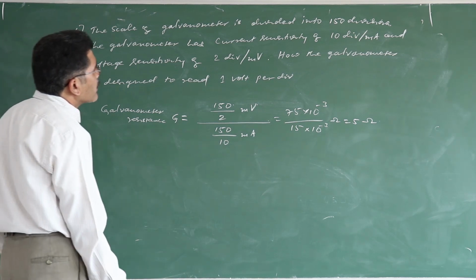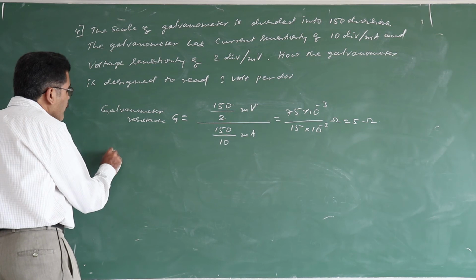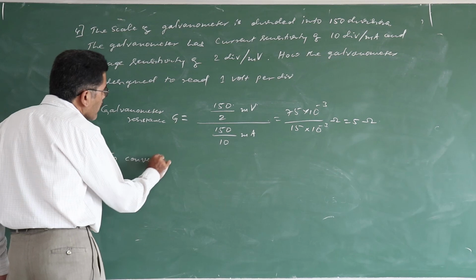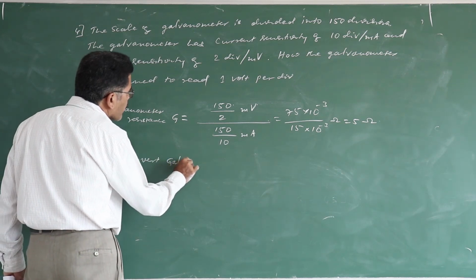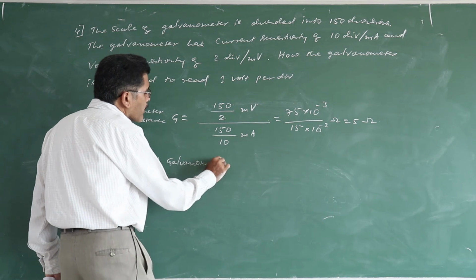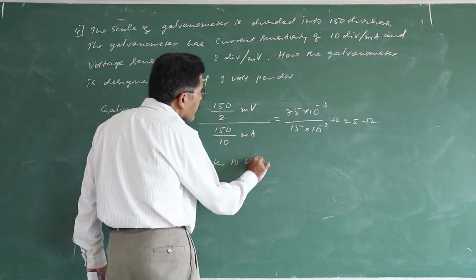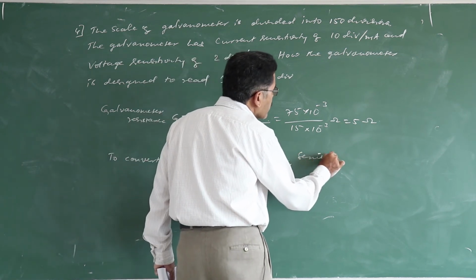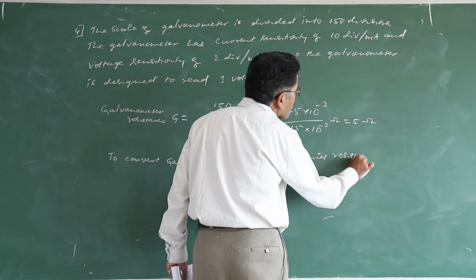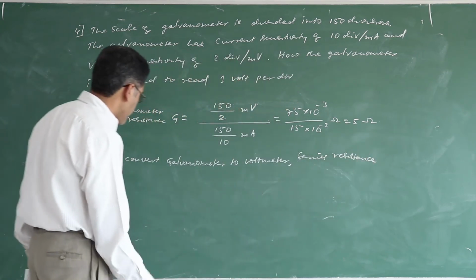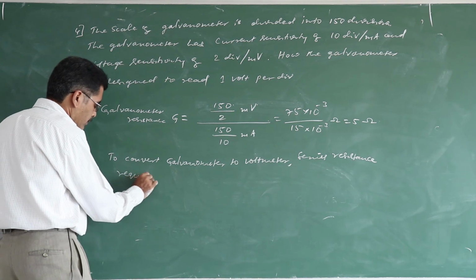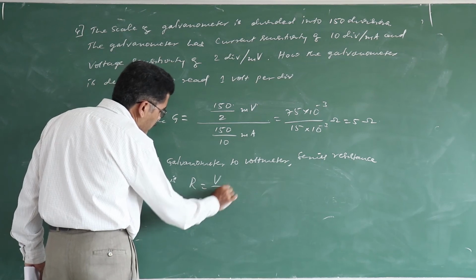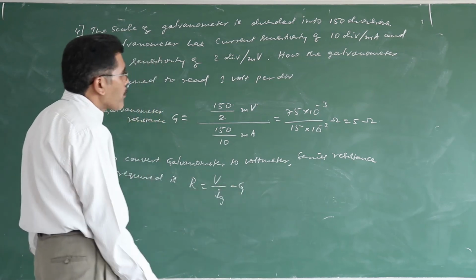So now you have to convert this into voltmeter. To convert galvanometer to voltmeter, series resistance required is R is equal to V by Ig minus G. What is V here?